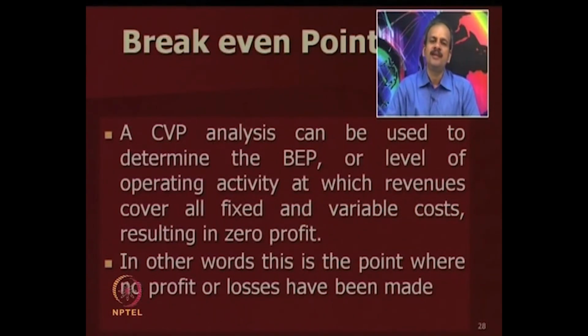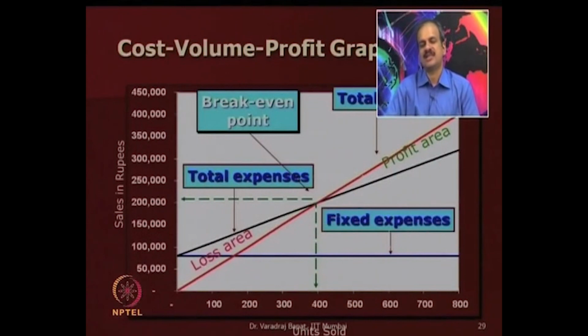In break-even point, we use CVP analysis to calculate the BEP. As we have just seen, the BEP is a level of operating activity at which revenues are equal to costs. So, there is zero profit, or this is a point of no profit or no loss.